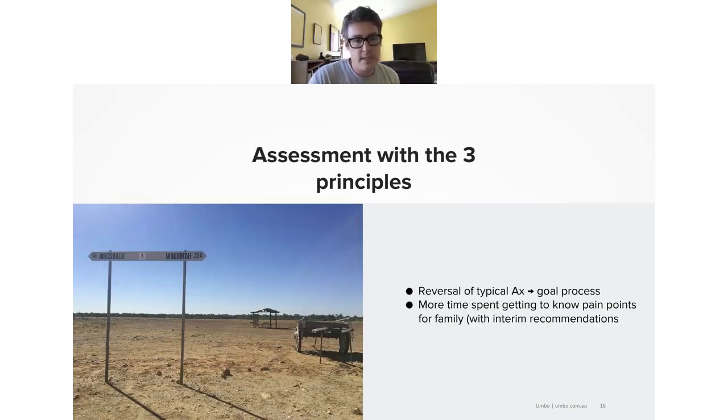So basically, when I met up with the family to start the process of supporting them through this situation, we reversed that. We didn't go in with an assessment, so there was no assessment to begin with.